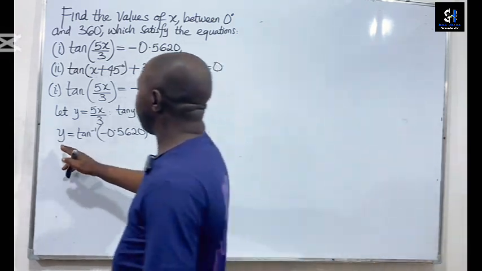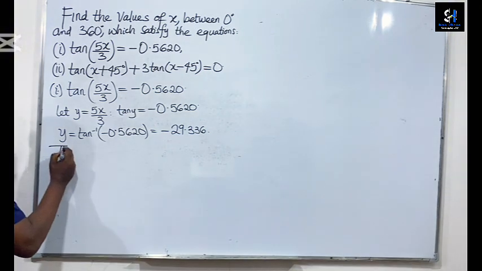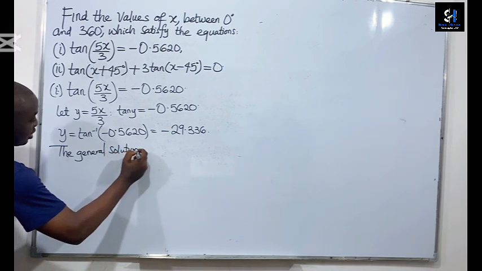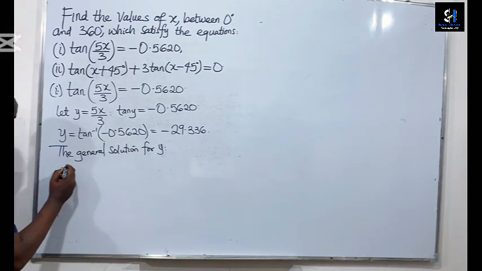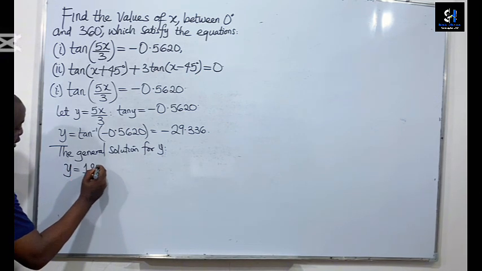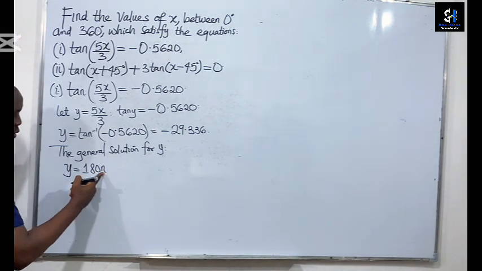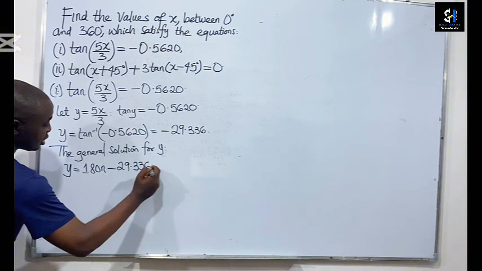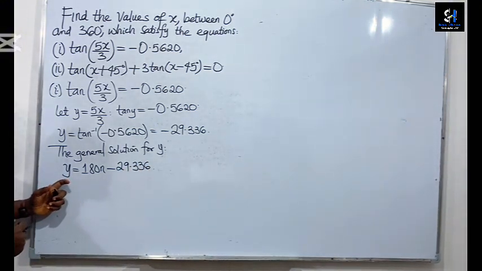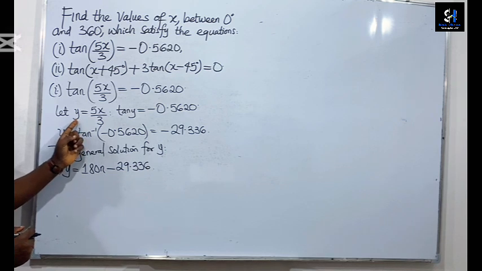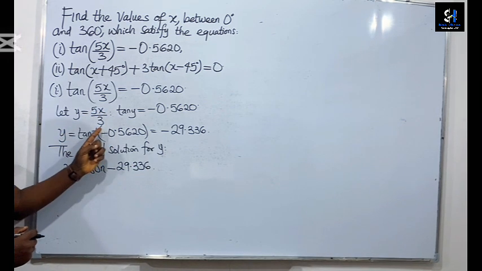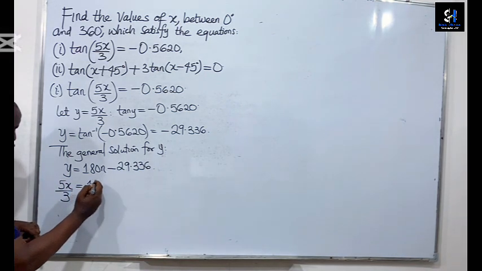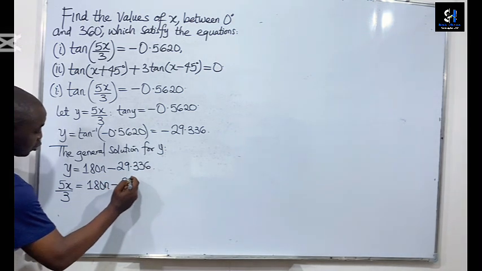So the general solution for y will be y equals 180 multiplied by the integers, minus 29.336. Now we can recall that y is equal to 5x over 3, so 5x over 3 will be equal to 180n minus 29.336.